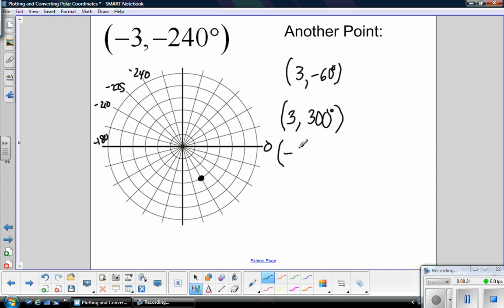I could also have negative 3 for my radius, but rotating positive for my angle, that's going to be 120. So there's technically an infinite amount of ways to name points, because I could add 360 to the angles, because you rotate coterminally.